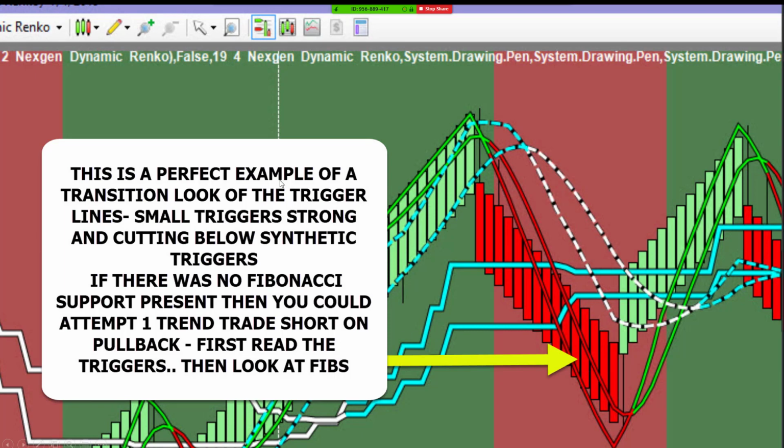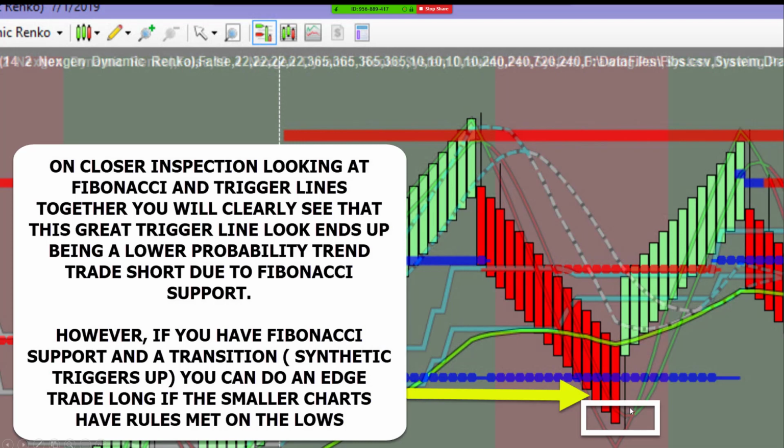So, a perfect example of a perfect transition look where if the resistance says it's okay, we'll go short. And when you superimpose on top of it, you'll see we end up with what we call a termination condition. If we hit Fibonacci support and only one trigger line gets past it, it's going to go back up the other way.